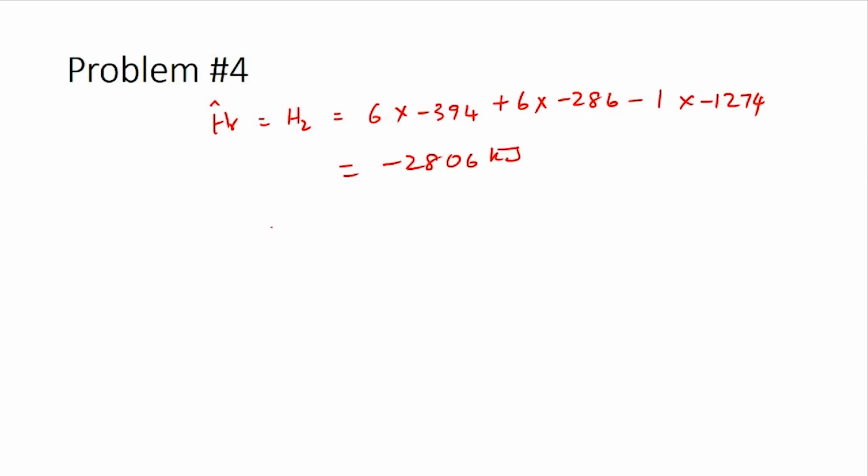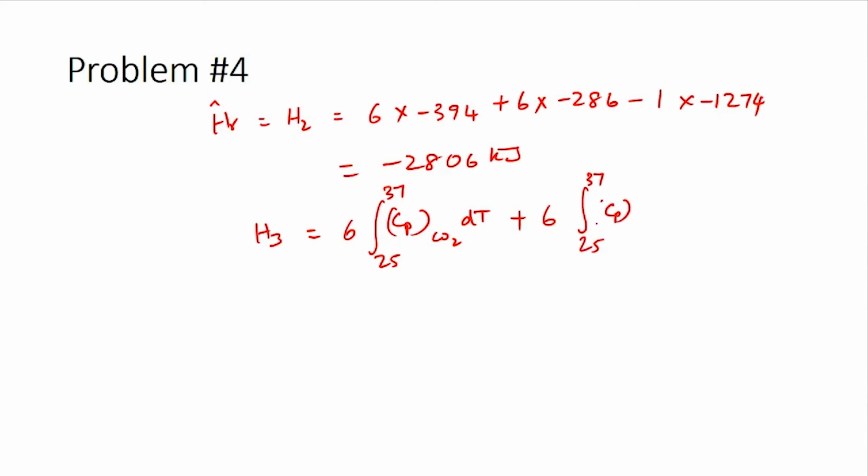And the next step, H3, would be equal to, again, we are now heating 6 moles of carbon dioxide and 6 moles of water from 25 degrees Celsius to 37 degrees Celsius. So, for carbon dioxide it will be 6 times integral Cp of carbon dioxide dT from 25 to 37, plus 6 times, so this second term would be for water, from 25 to 37 Cp of water dT.